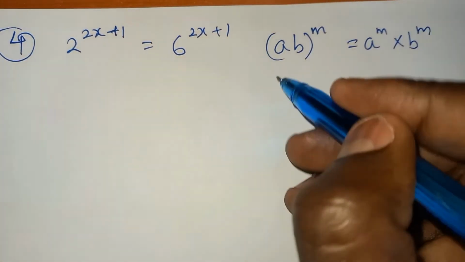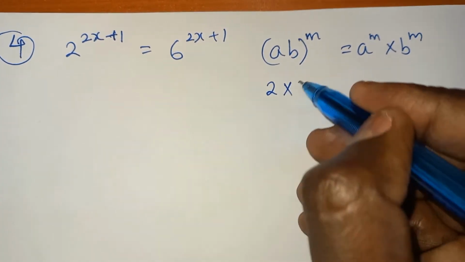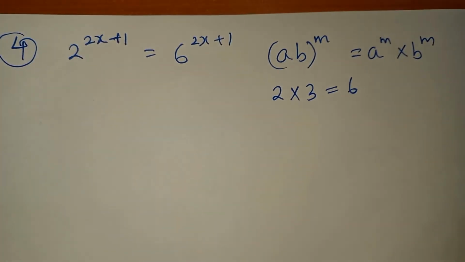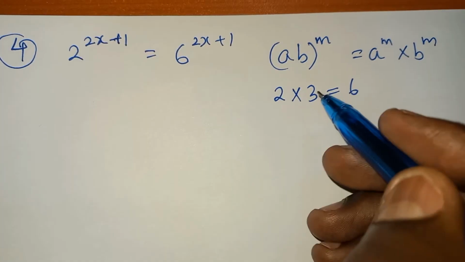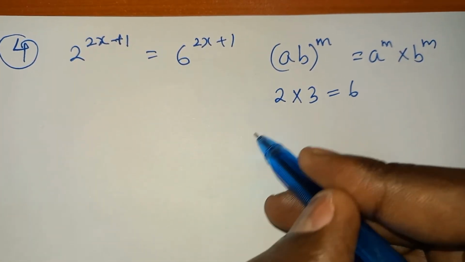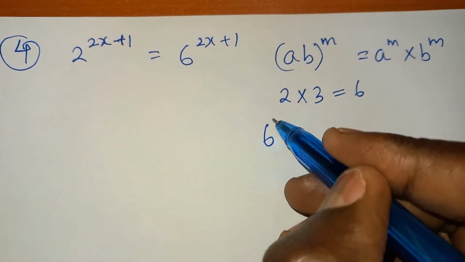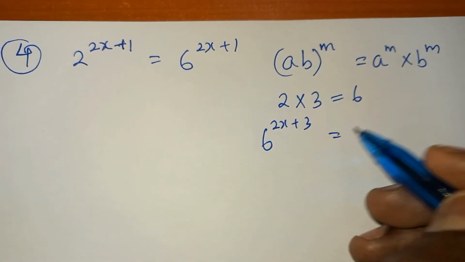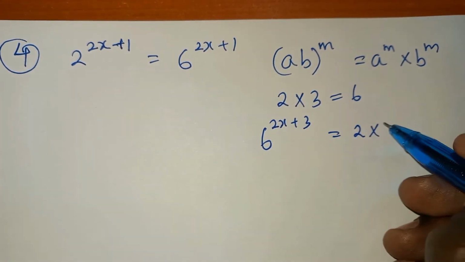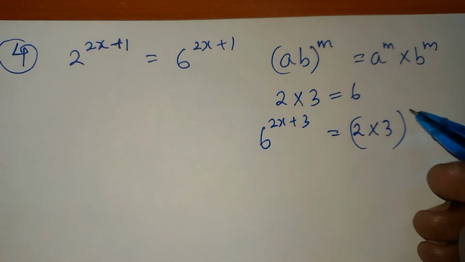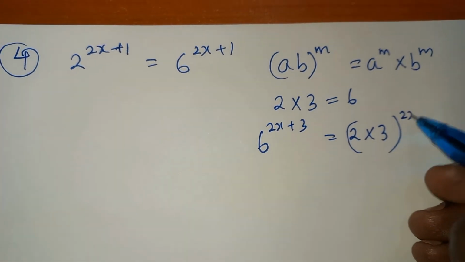We know that 2 multiplied by 3 is 6. That means we could write 6 raised to power 2x plus 1 as (2 multiplied by 3) raised to power 2x plus 1.